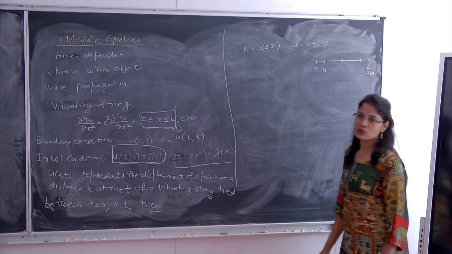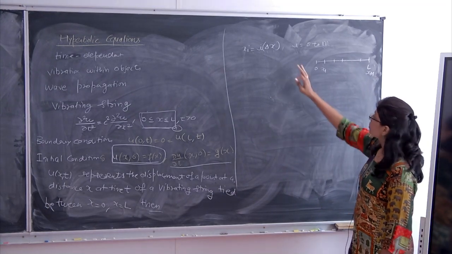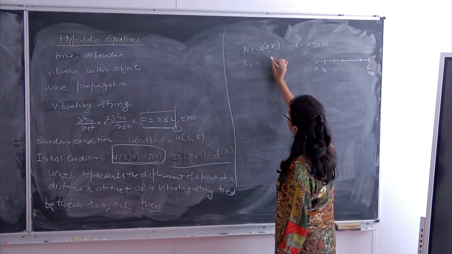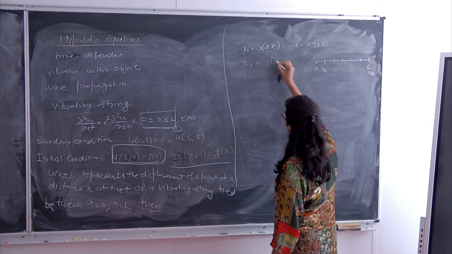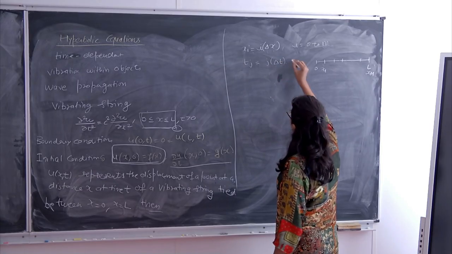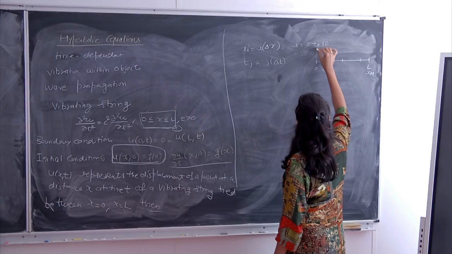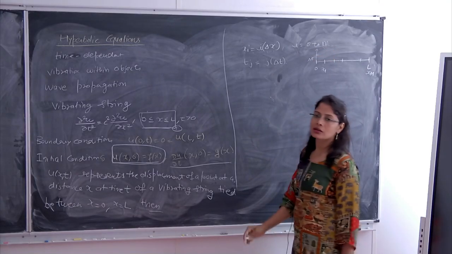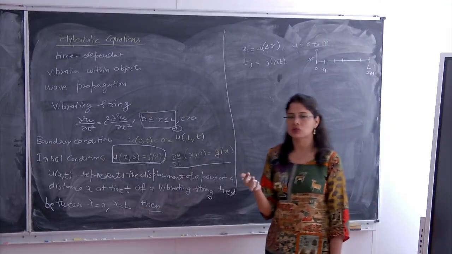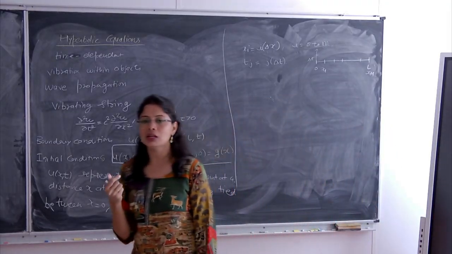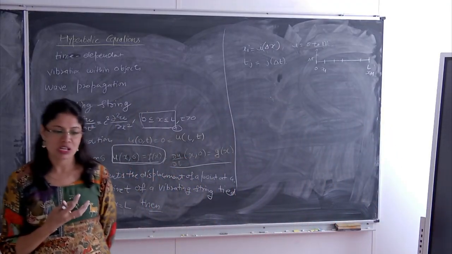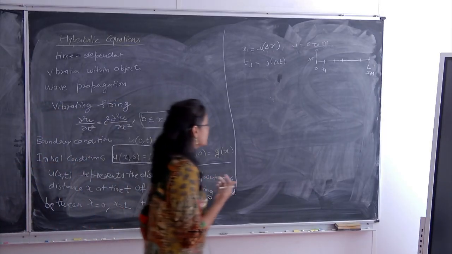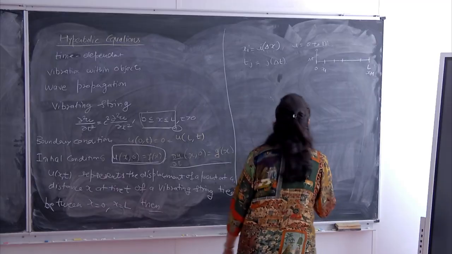Then t_j is j times delta t. So, in the time direction I am going with the grid size delta t. Whatever time level I have to find out, I start with delta t. I have to find out the solution at t_1, t_2 and up to the next points. Fine. So, this is the thing we have to do here.